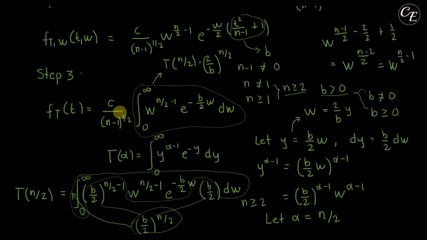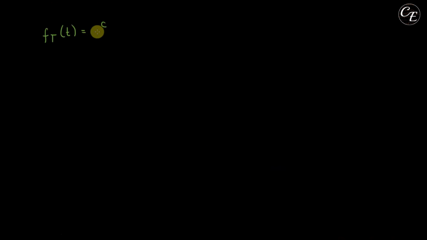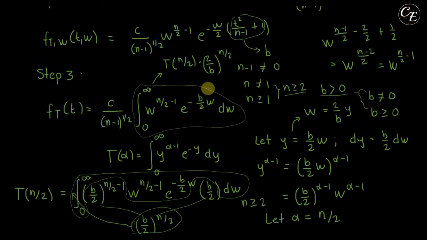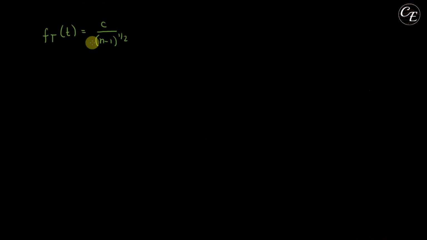So now our PDF in terms of t will be equal to, we have here c over n minus 1 raised to 1/2 times this. So we have here gamma of n over 2 and then we have 2 over b raised to n over 2.